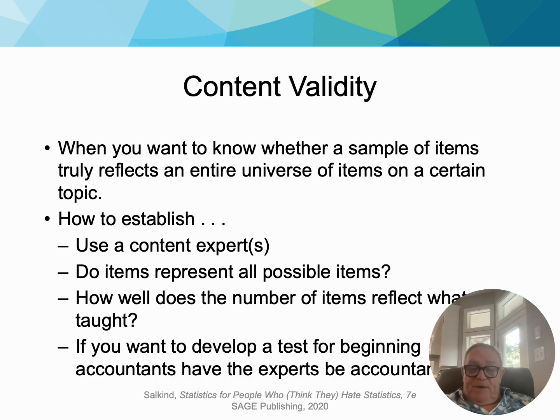So you'd get a bunch of practicing accountants. Do the items represent all possible items? And how comprehensive does that need to be? And how well does the number of items reflect what was taught? So if the test is supposed to be on what somebody learned in college, we need to make sure that it was actually taught. If it wasn't, then it's not very helpful.